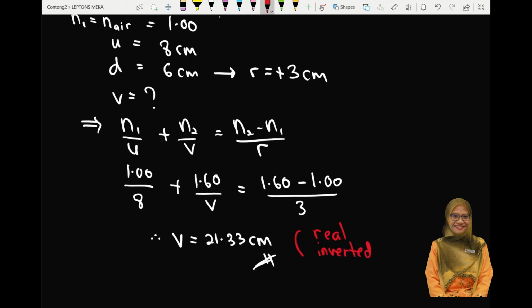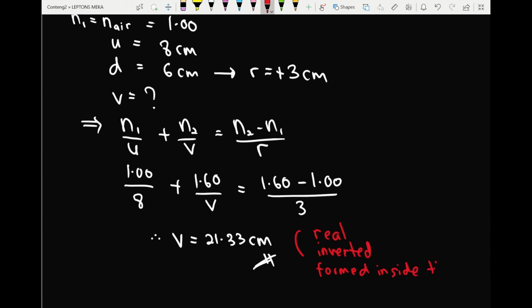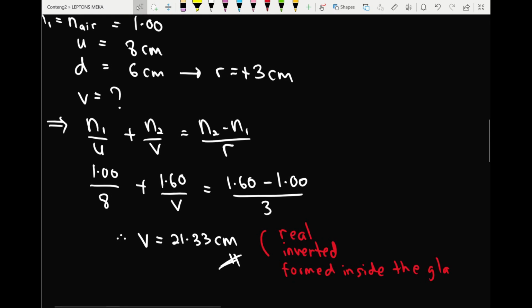Real, inverted, and formed inside the glass, because this is refraction. Refraction must occur on two different sides for the image to be real. Refraction is passing through. Okay, settle for question number 2.